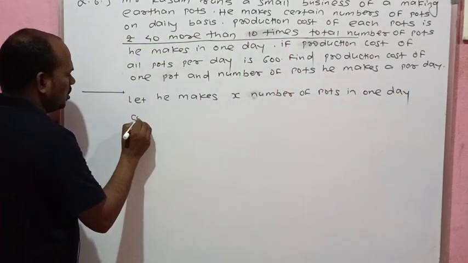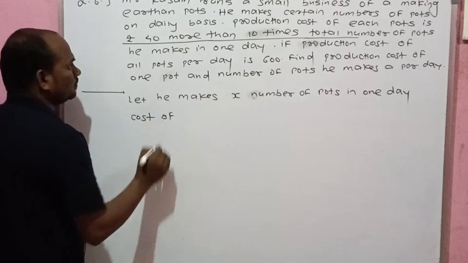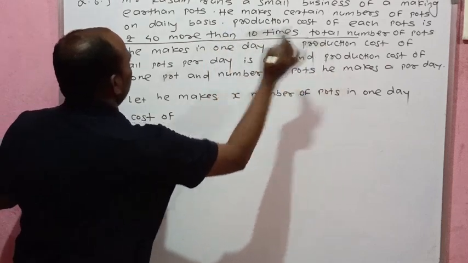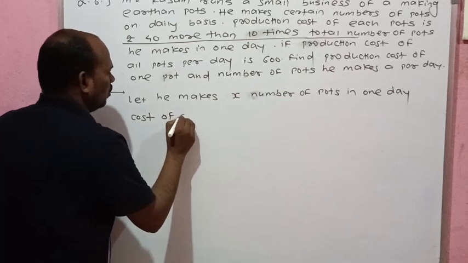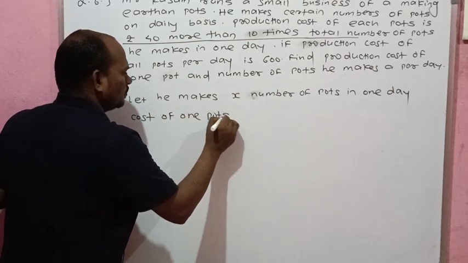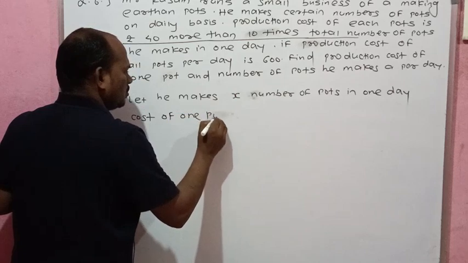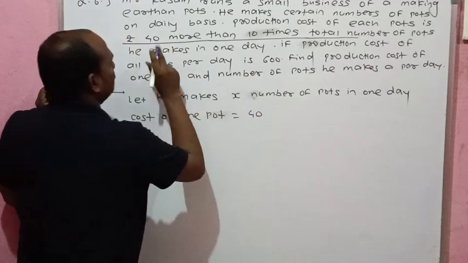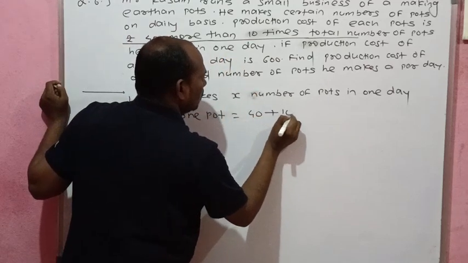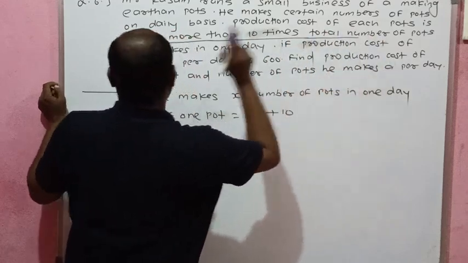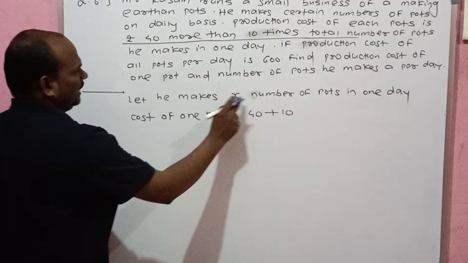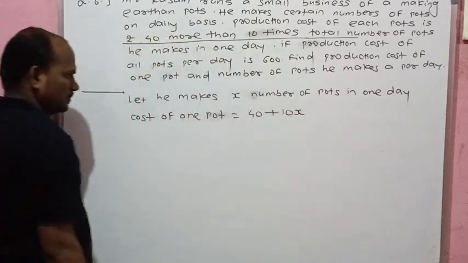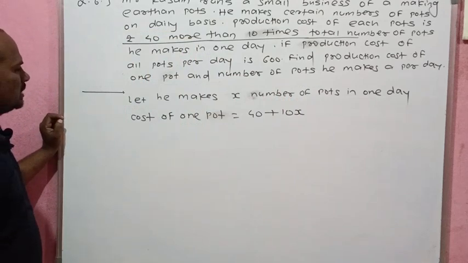Therefore, the production cost of each pot, cost of one pot, is equal to rupees 40 more than 10 times the total number of pots.